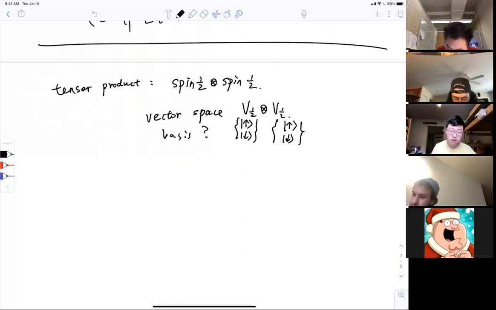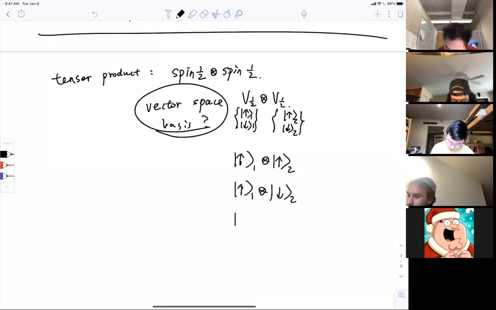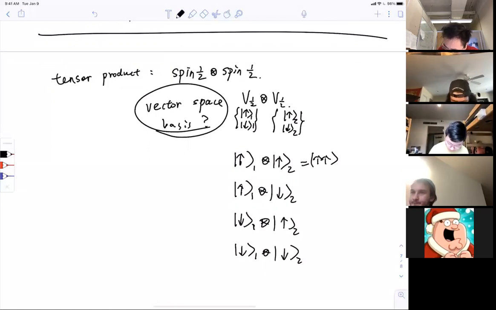And the basis in this representation space is up tensor up, up tensor down, down tensor up, down tensor down. For short, we denote them as up up, up down, down up, down down, something like this.